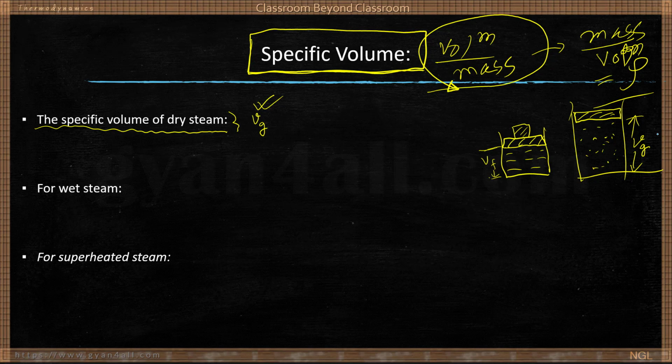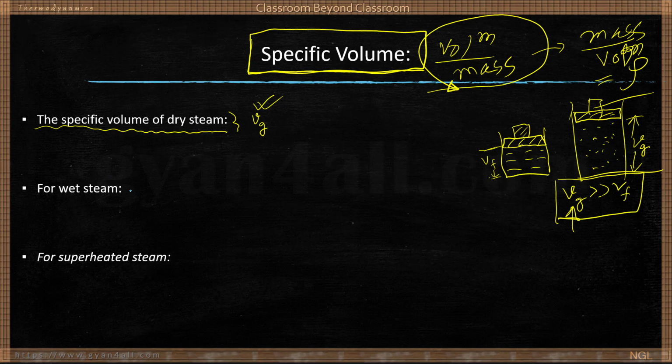Pressure is same, so Vg is much greater than Vf, because we know how much volume will be occupied by water, and the same mass, 1 kg, will remain 1 kg but become steam, dry steam, that is Vg. Because everything is taking place at constant pressure, we are keeping the pressure constant.